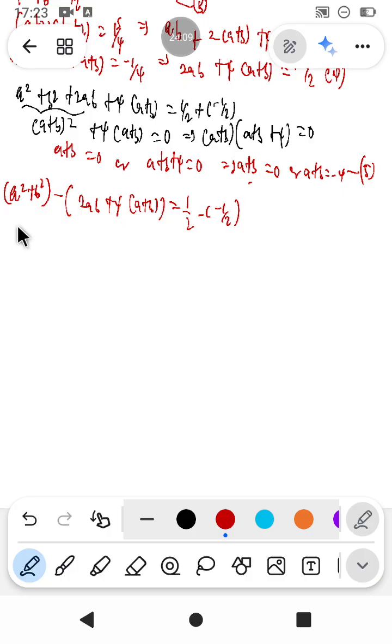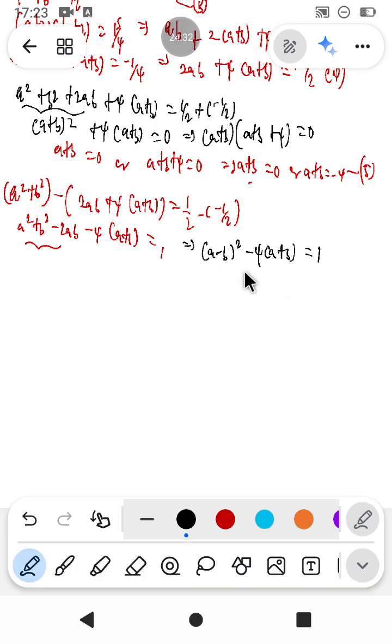So this will be A² + B² - 2AB - 4(A + B) = 1, because half plus half is going to give us 1. And don't forget, it is (A - B)². So this implies (A - B)² - 4(A + B) = 1.